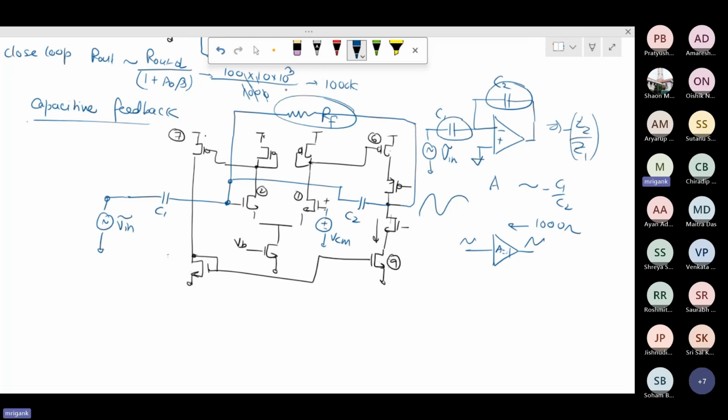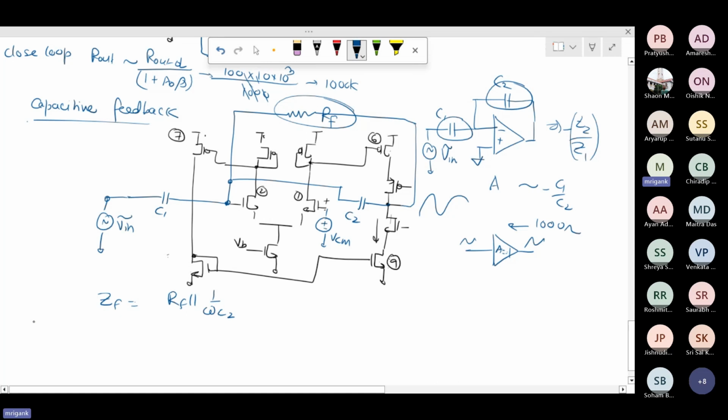So if RF is very large, what will happen? From the point of view of AC, you can treat it almost like an open circuit. Why? Because ultimately, if you find the transfer function, it is a combination of ZF, right? The feedback impedance Z feedback is RF parallel 1 upon omega C2.